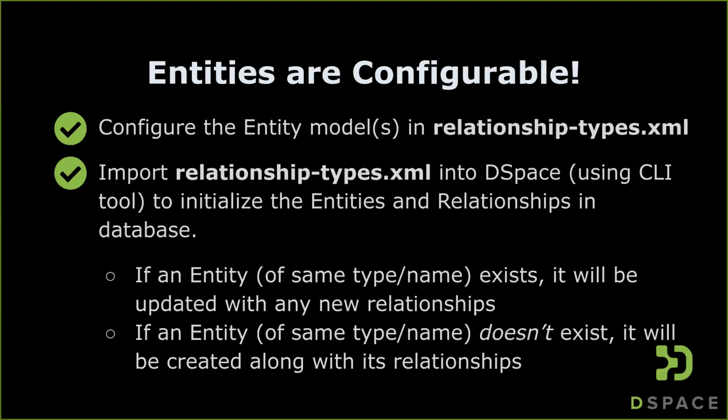But that XML is not used as a live configuration file. Right now, it's just for helping you load this information into the database, because the database is where these entities are actually configured. So we do plan on building more tools around making this even easier, adding more configurability onto entities, but this is how it works in DSpace 7.0.